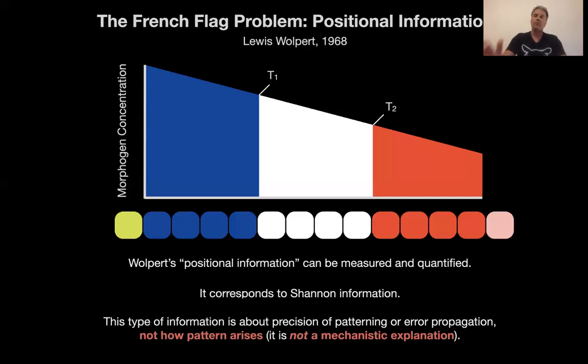Okay, so here we are. It's a cool approach. It allows you to check how precise development is, and it gives you new riddles. How does precision increase over time? How does information increase? Information during development not only increases because the adult is more complicated than the embryo or the egg, it also increases because patterning becomes more precise over time, which is amazing.